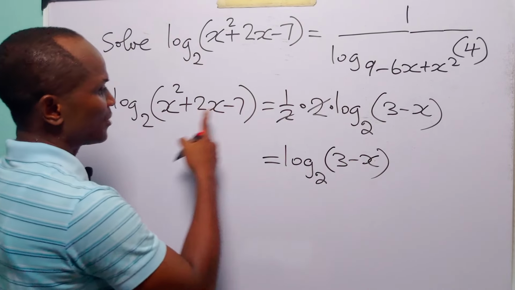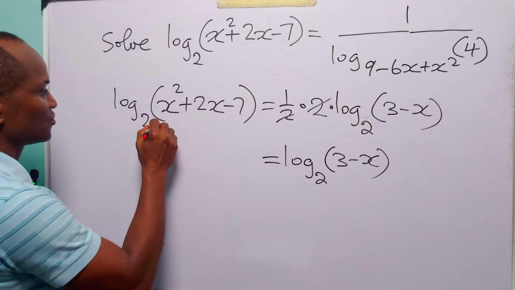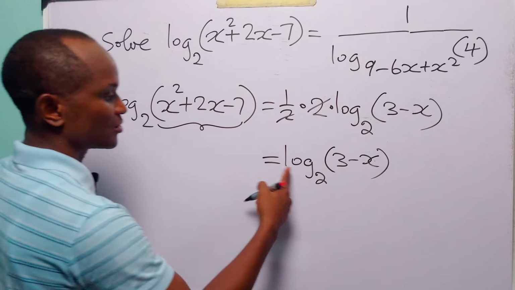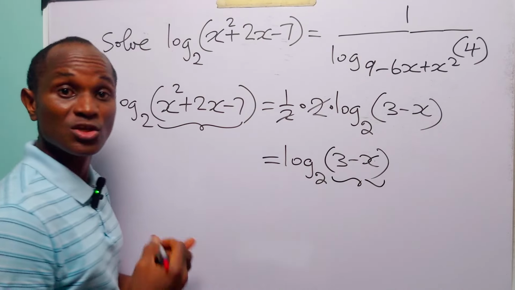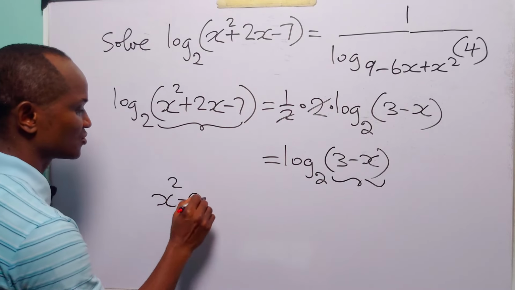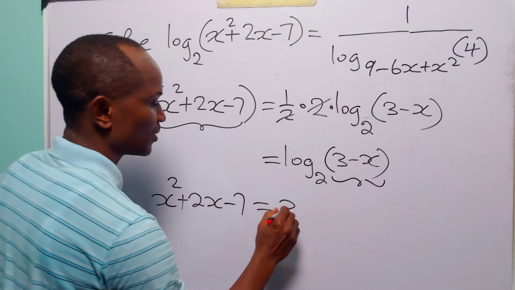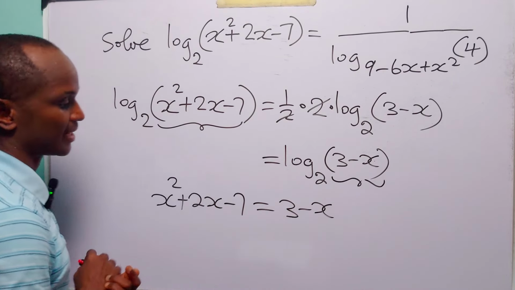Now, when we compare both sides of this equation, we have log to base 2 of this equal to log to base 2 of that. So that simply means that x squared plus 2x minus 7 is equal to 3 minus x.